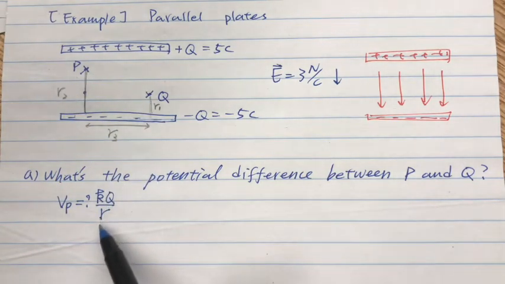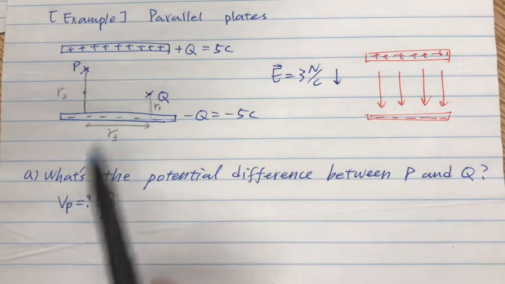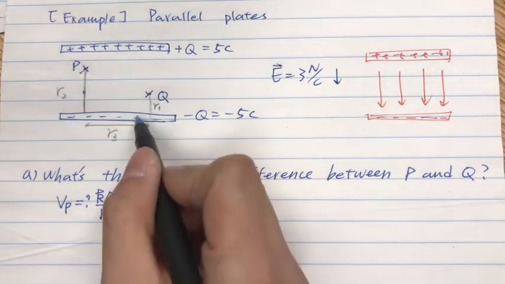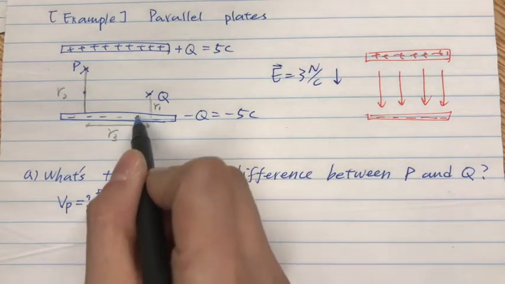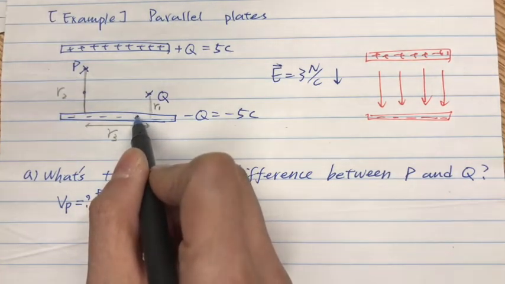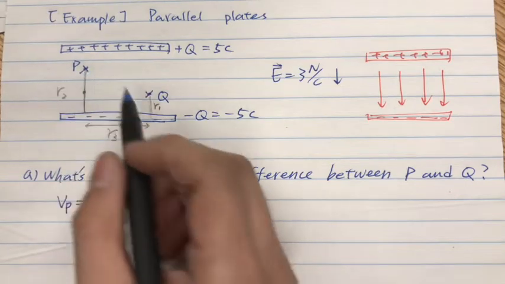So let's say this is the formula for a point charge. For example, a charge at this point will provide a potential at this point.